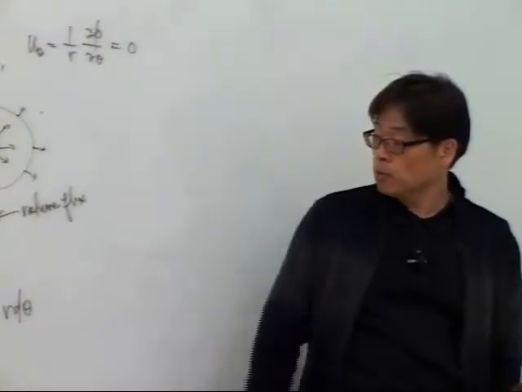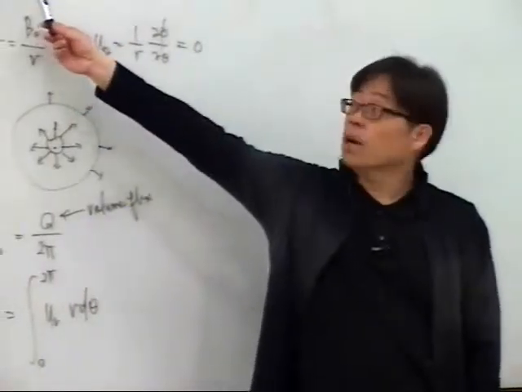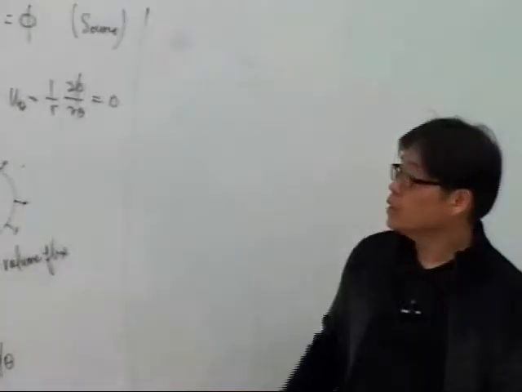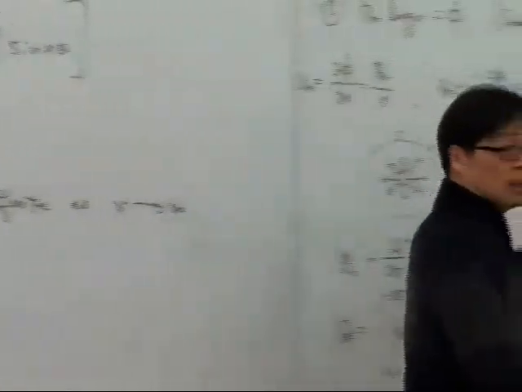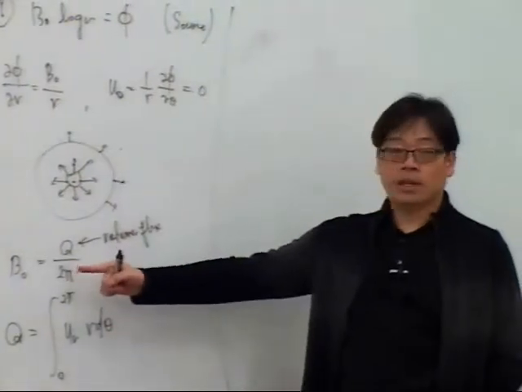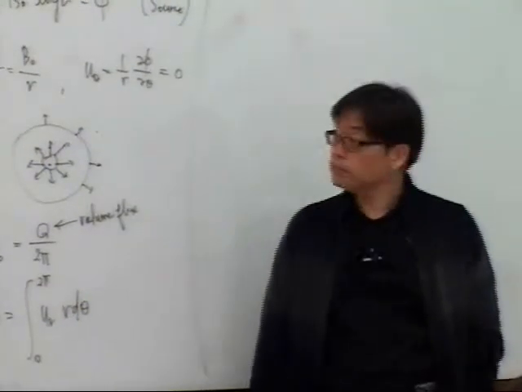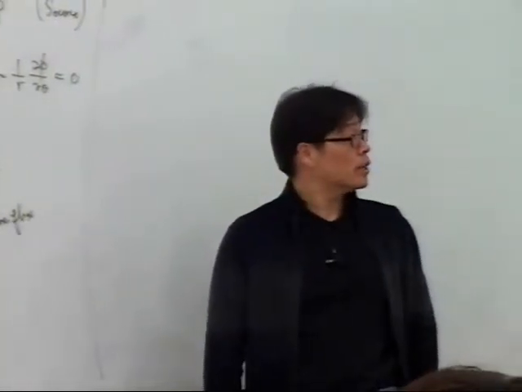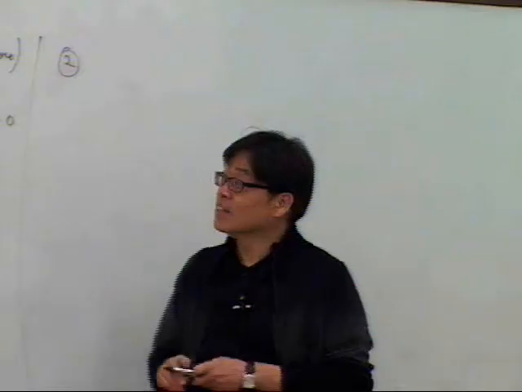So we made a connection between the volume flux and this constant B naught. So this is a source term, and if we had a negative sign for B naught, then it's a sink instead of a source. In that case, flow is moving into the center instead of moving out.